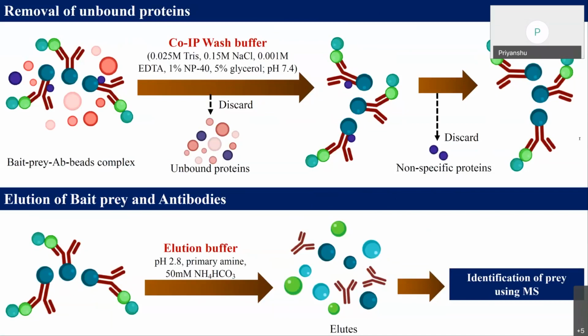I think bait protein tagging may affect the affinity of prey, but you can decide it through optimization. In my case, suppose one protein is tagged with HA or His tag or any other tags.